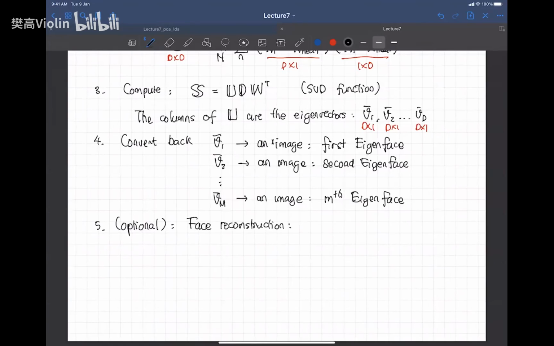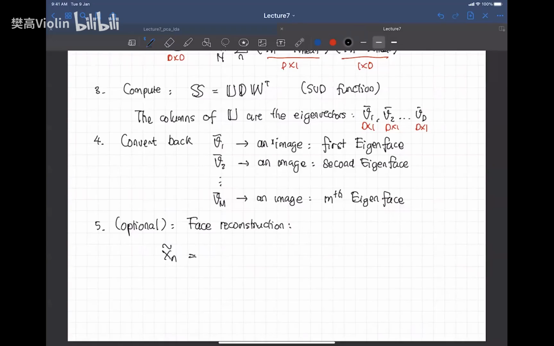If you have x_n tilde, the approximation of x_n, you want to approximate x_n. Let's look at face reconstruction first.